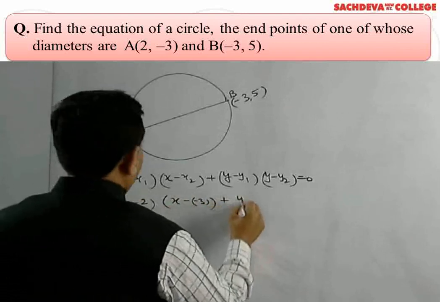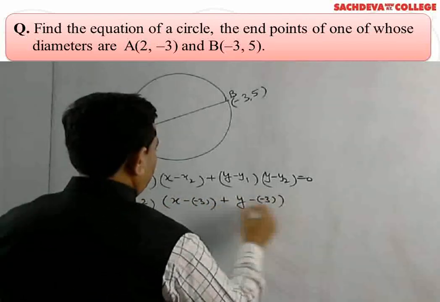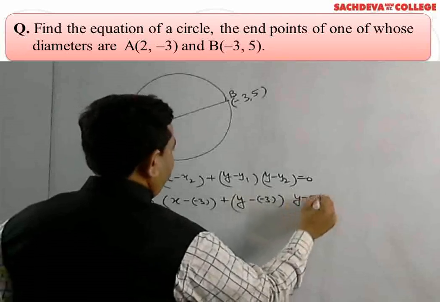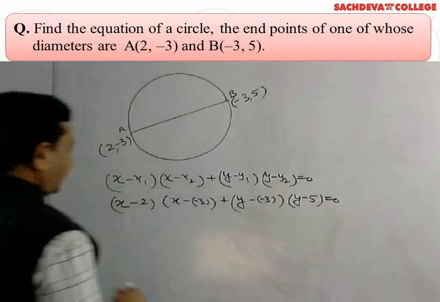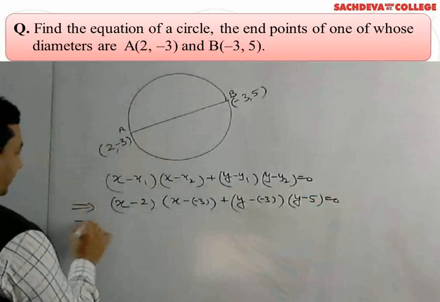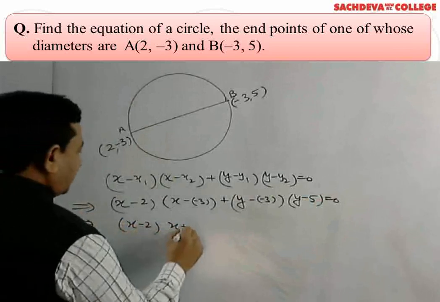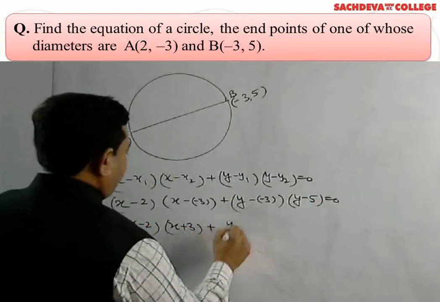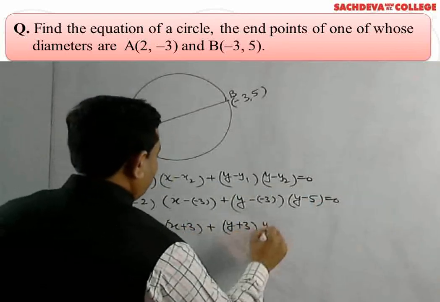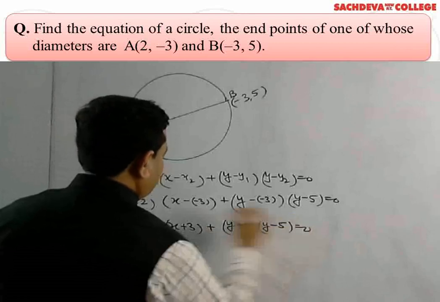So the equation of the circle will be (x minus 2) into (x minus minus 3) plus (y minus minus 3) into (y minus 5) is equal to 0, or (x minus 2) into (x plus 3) plus (y plus 3) into (y minus 5) is equal to 0.